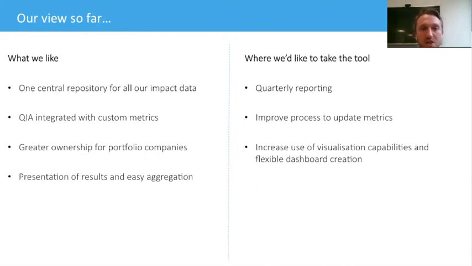The integration of the QIA and our custom metrics as well, as I've mentioned, is really powerful to have that all in one place, and again be able to easily compare our portfolio companies on how they rate on the ESG factors that are captured in the QIA and BIA. A key factor as well in our decision to migrate to the tool was for our portfolio companies to take greater ownership in impact reporting.